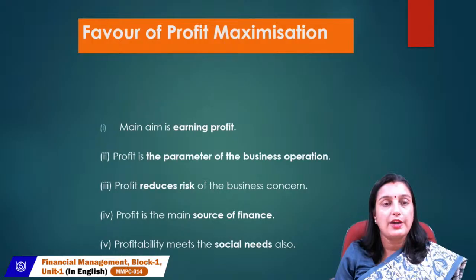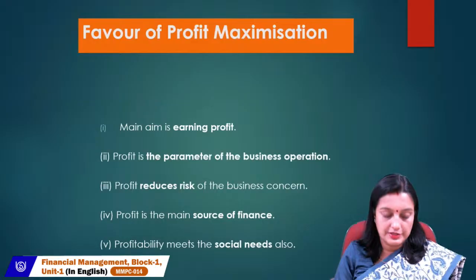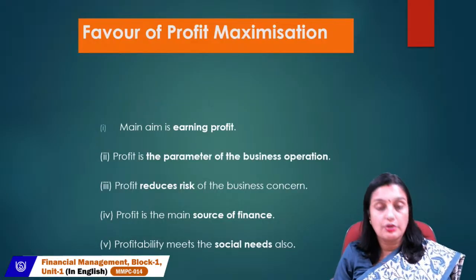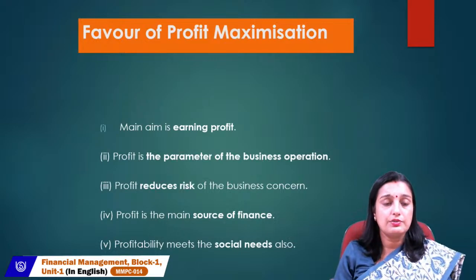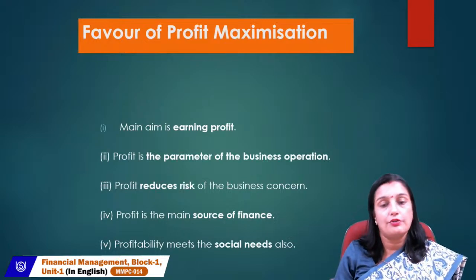Another favorable point is that profit is the parameter of business operation. The third point is that profit reduces the risk of the business concern. If you are making more profit, whenever any contingency or problem happens with your business in future, you can reduce the risk of failure. Next, profit is the main source of finance.